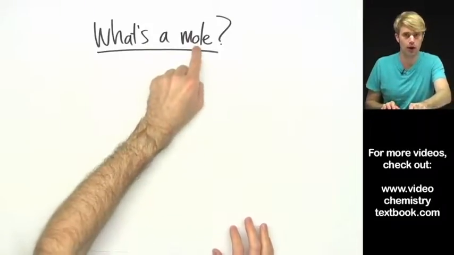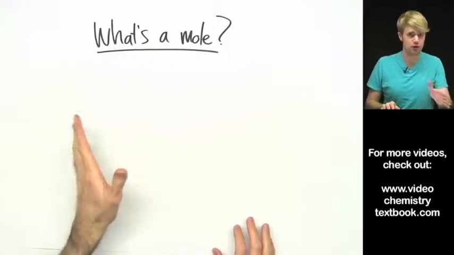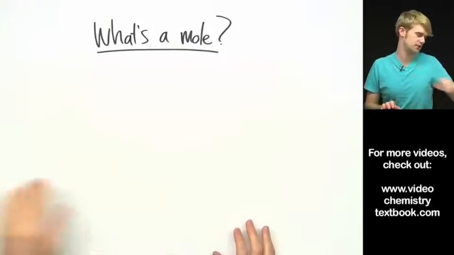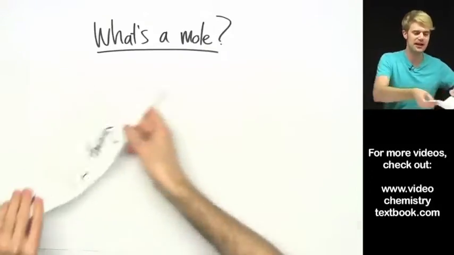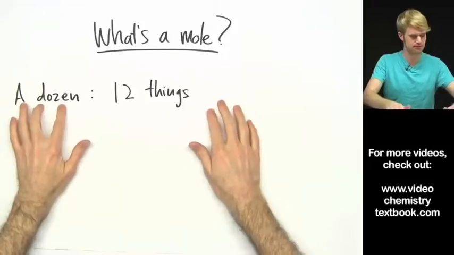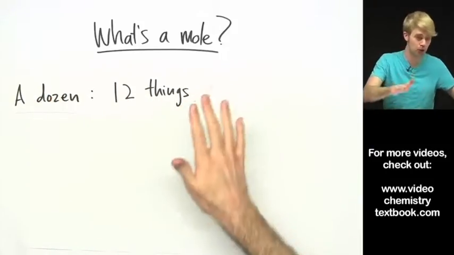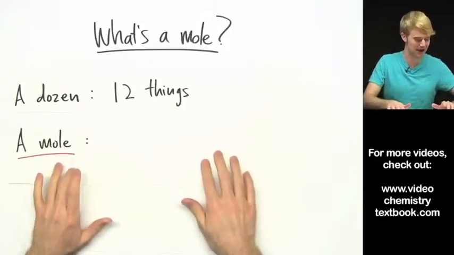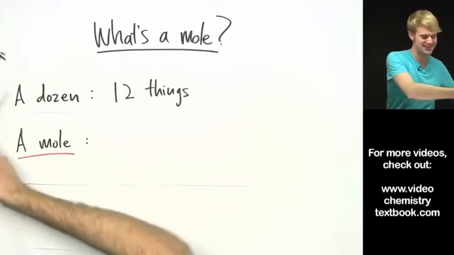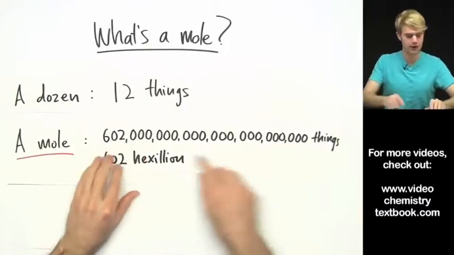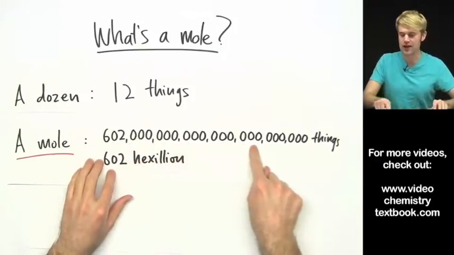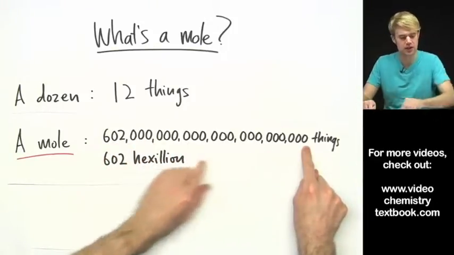So a mole is a name for a specific number of things, okay? A mole is kind of like a dozen, right? A dozen is the name for 12 things. There are 12 things in a dozen. Now a mole is like this, but it's way bigger than a dozen. 12 things in a dozen. In a mole, there are 602 hexillion things.